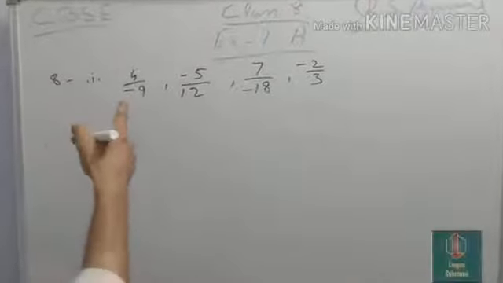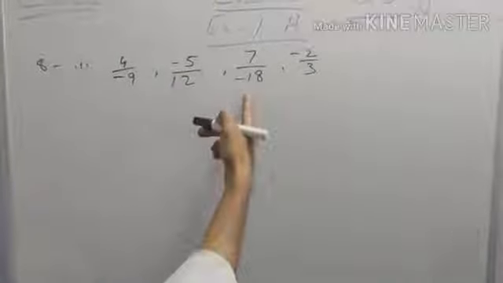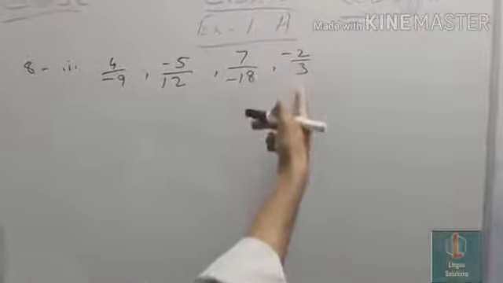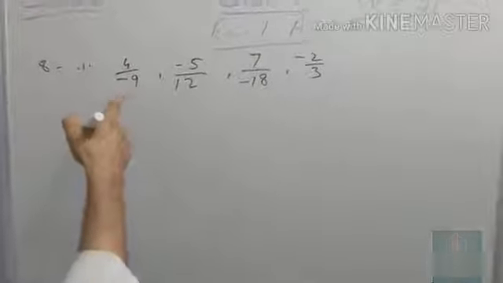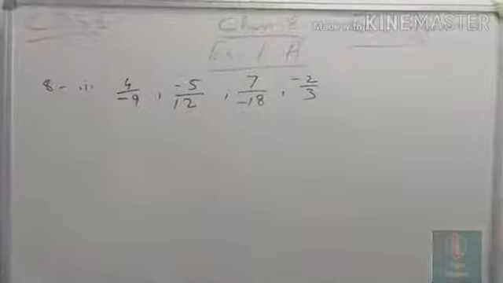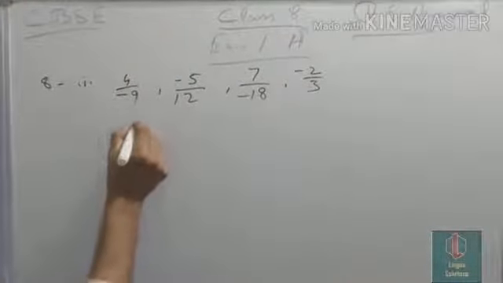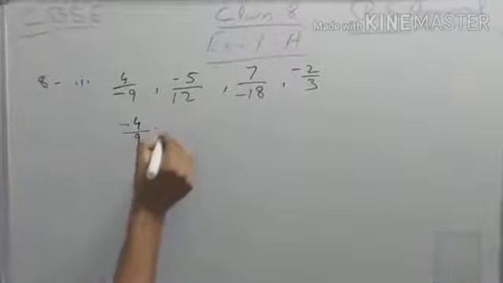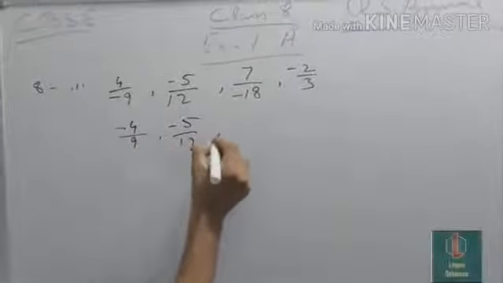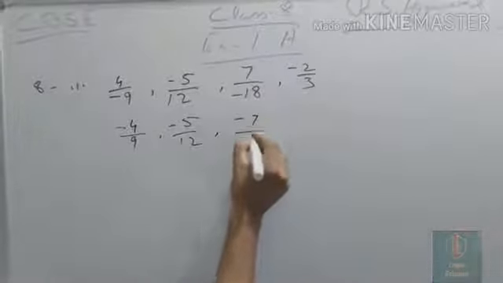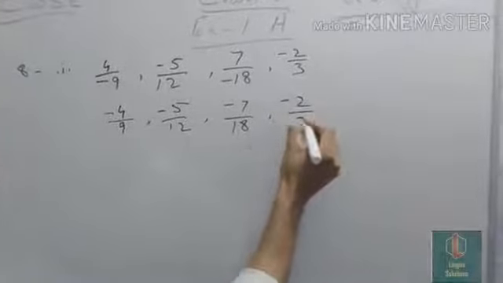Here our first set is 4 by minus 9, minus 5 by 12, 7 by minus 18 and minus 2 by 3. Here we see that in the denominator, here and here, we are having minus symbols. So we can write it as minus 4 by 9, minus 5 by 12, minus 7 by 18 and minus 2 by 3.